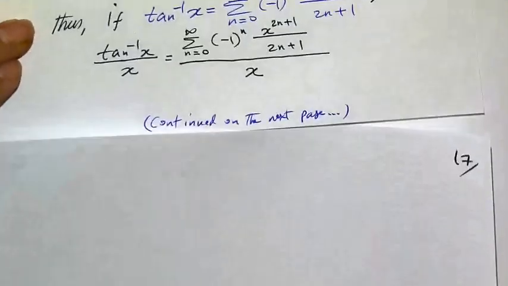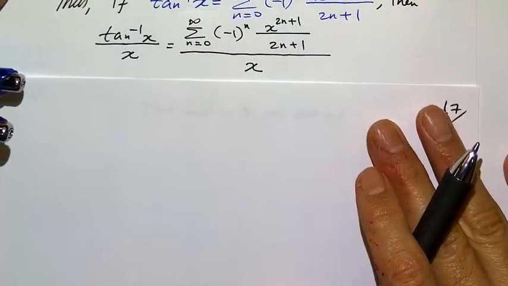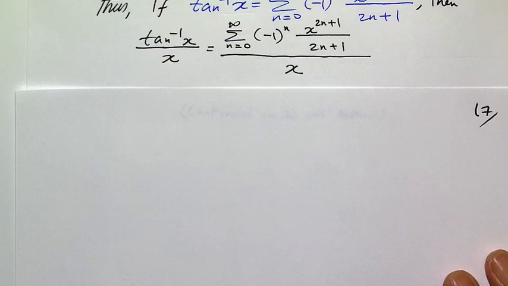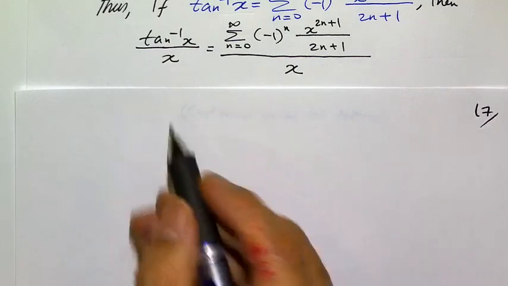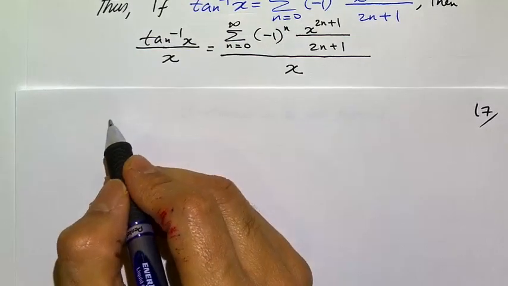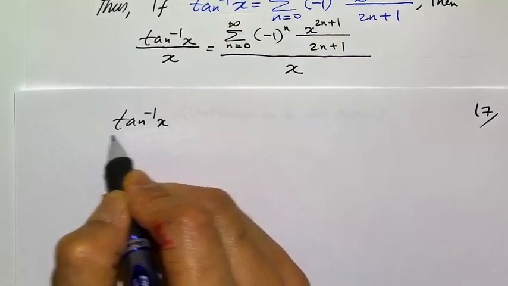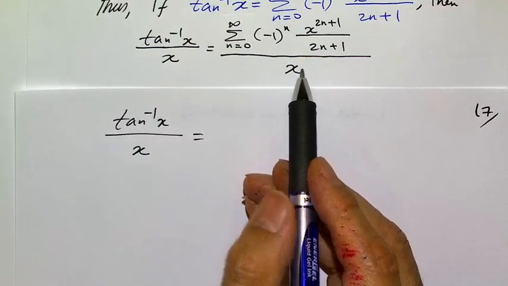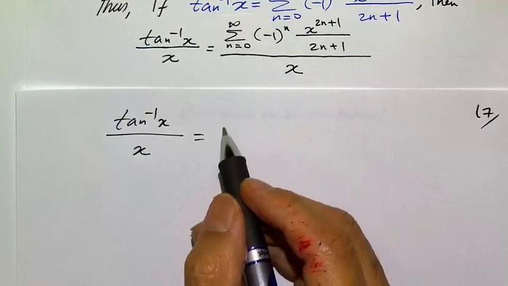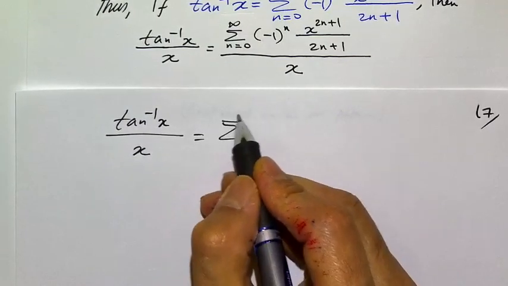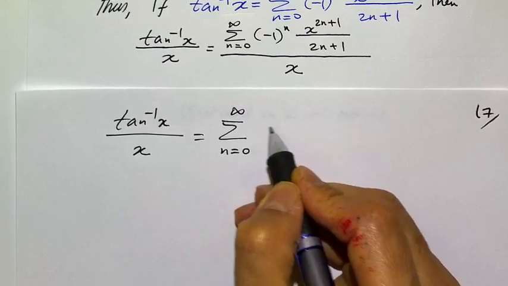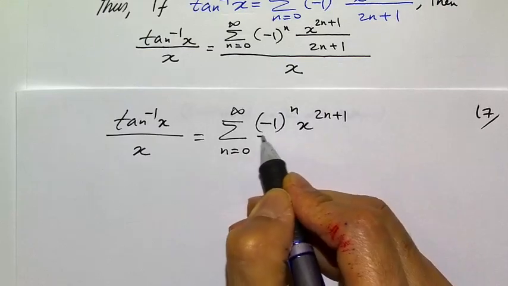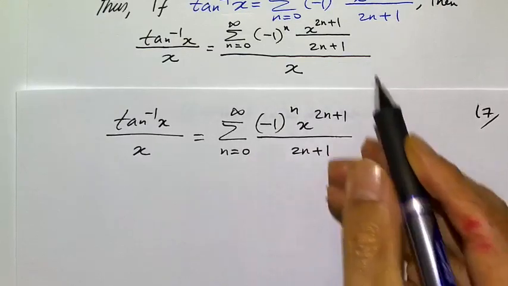Okay, so let's simplify that. So on the left, we have just inverse tangent of x divided by x. On the right, we have this divided by that, which is just a complex fraction. So we have divided by 2n plus 1.